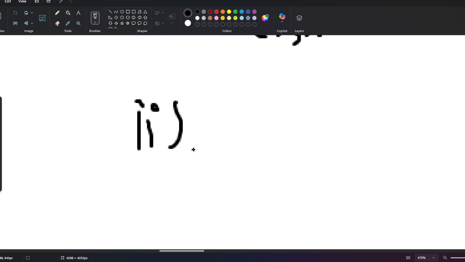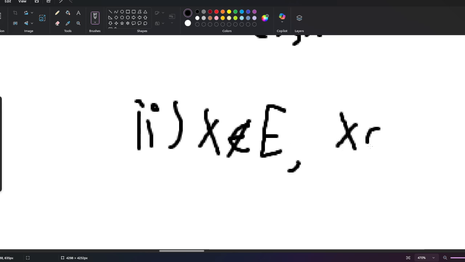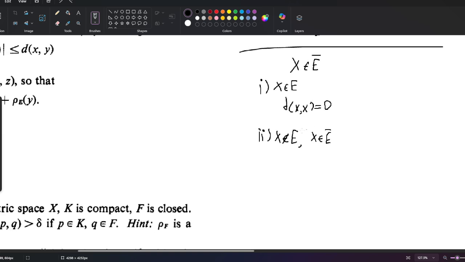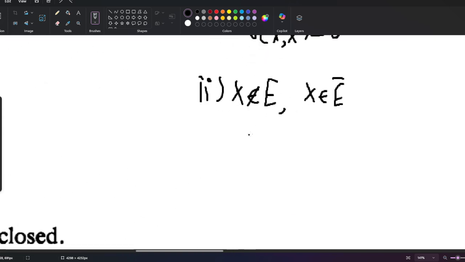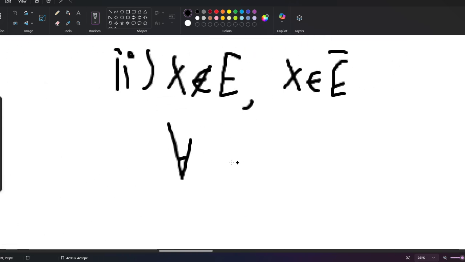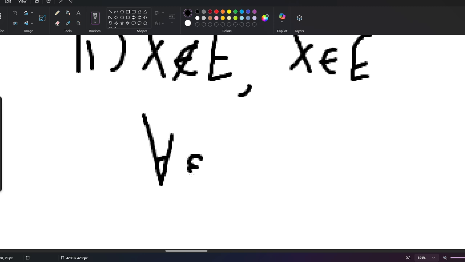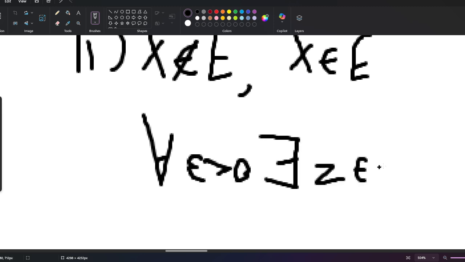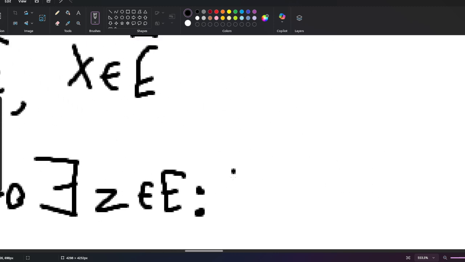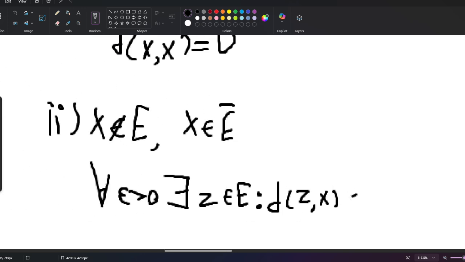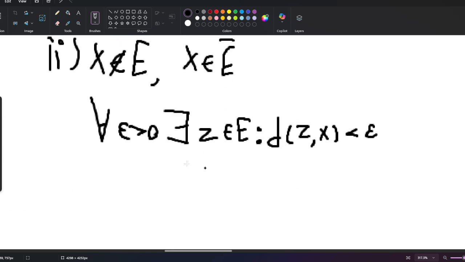And if x does not belong to E, although x belongs to the closure of E, in other words, x is a limit point, then for every epsilon greater than 0, there exists z belonging to E such that the distance between z and x is less than epsilon.